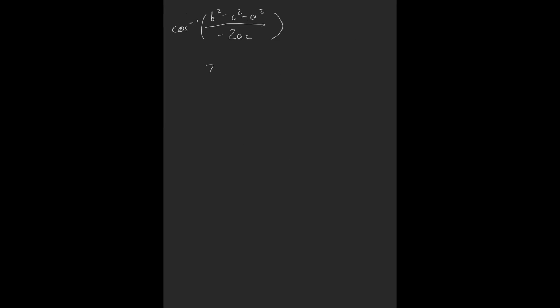All right, plugging this into our calculator, first of all, let's do the numerator inside the function. 7 squared minus 10 squared minus 5 squared is equal to negative 76. Our denominator is equal to negative 2 times 5 times 10, so our denominator is equal to negative 100.